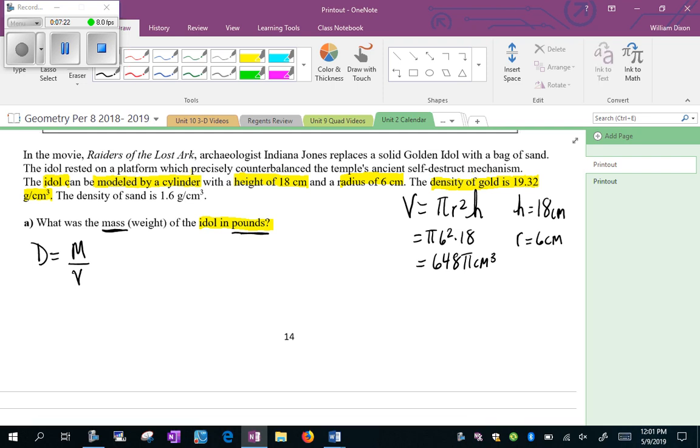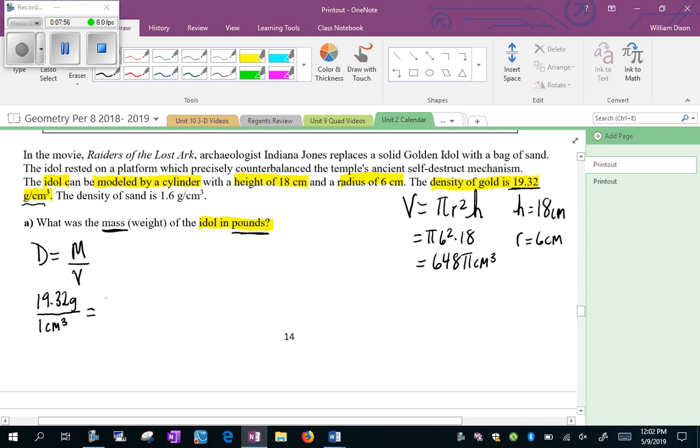I'm given that the density of the gold statue is 19.32 grams per cubic centimeter. So that's going to be substituted in for my D. I'm going to have 19.32 grams per 1 cubic centimeter equal to mass.